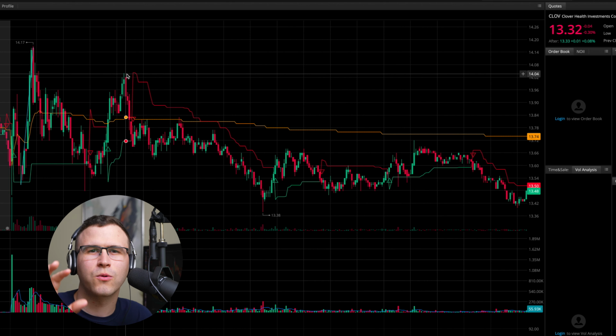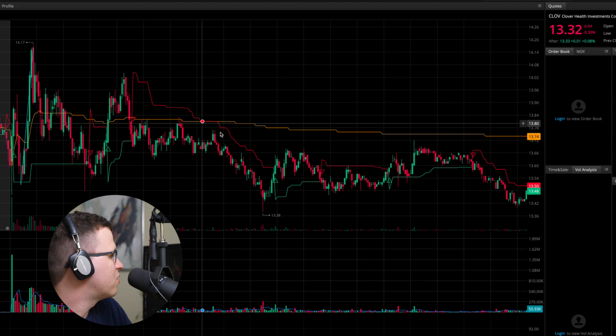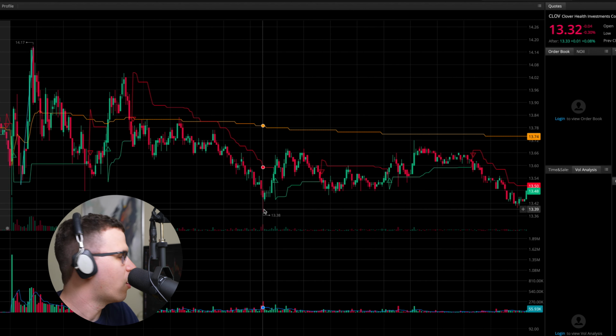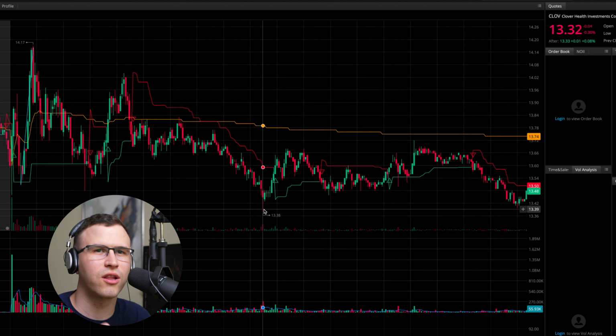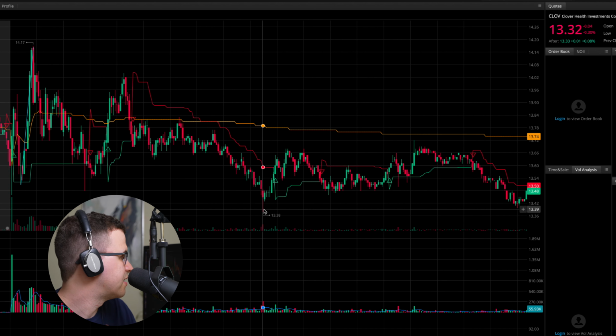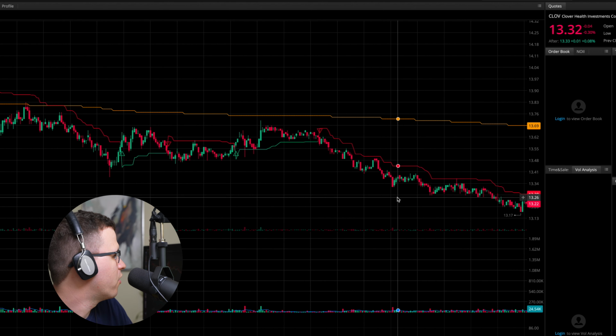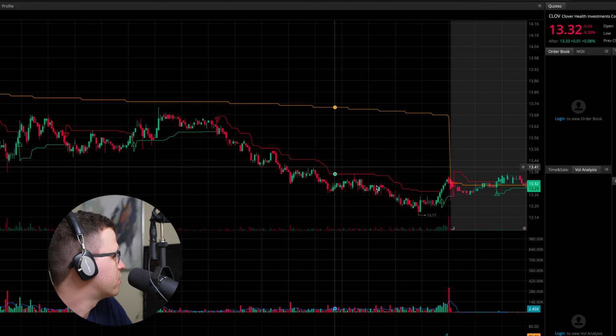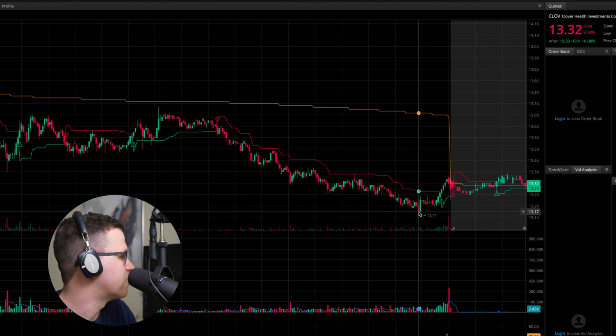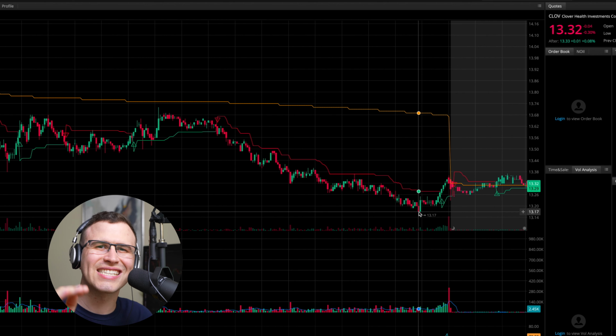After that point, we were pushed down under the VWAP, where we continued all the way to the intraday low of $13.17. Okay, so it kept on going all the way down to $13.17 right here. In the last couple of minutes of the day, we did push back up to a close of $13.32.